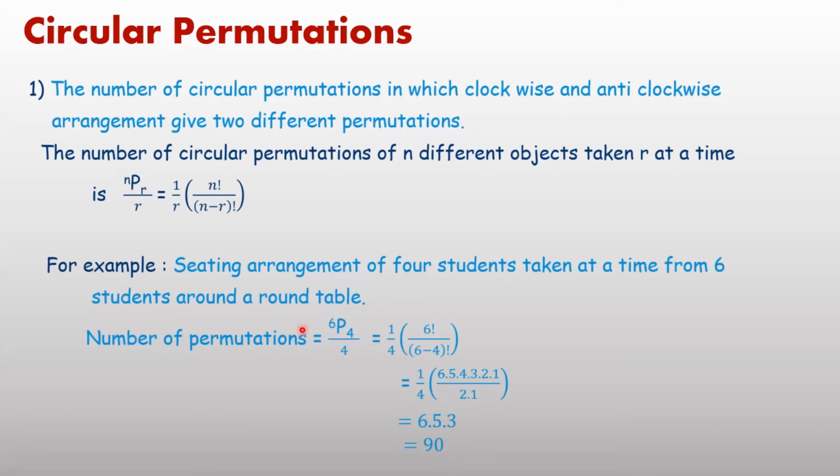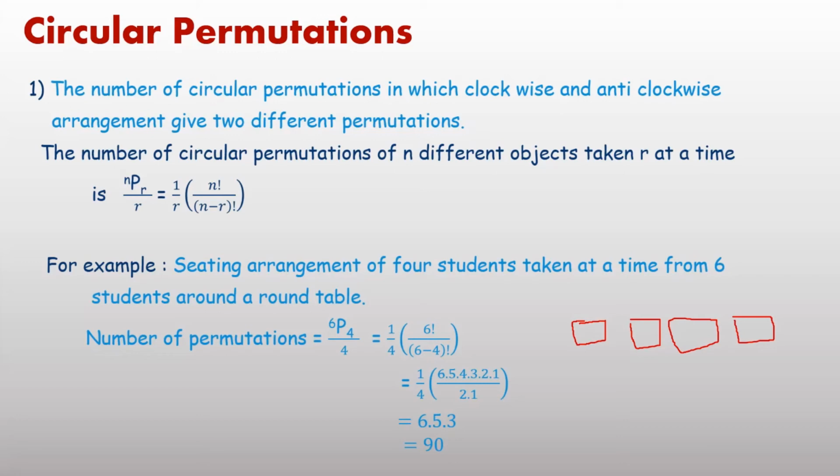That is circular permutation. In row-wise arrangement, if these 4 students have to be arranged row-wise, then what happens? Row-wise means there are 4 places: first place, second place, third place, and fourth place. Now, in row-wise arrangement, directly you can apply the formula 6P4.